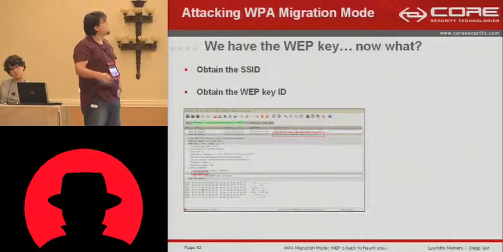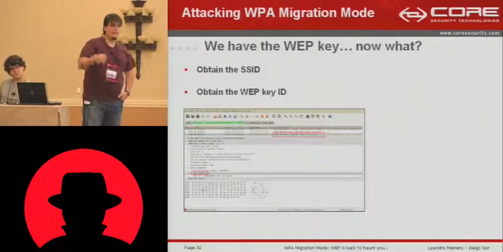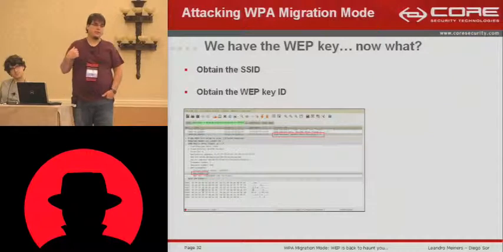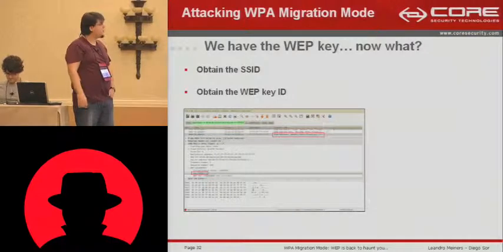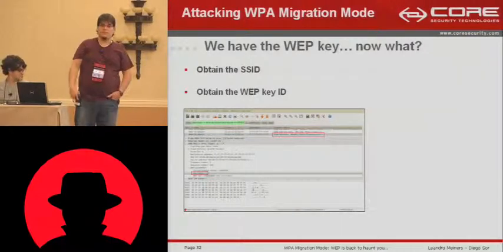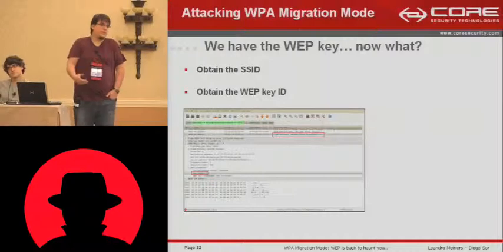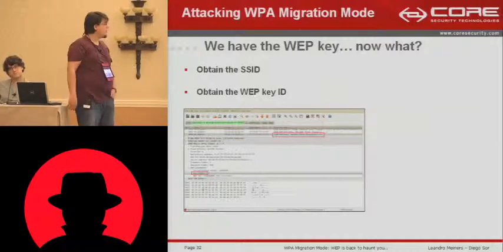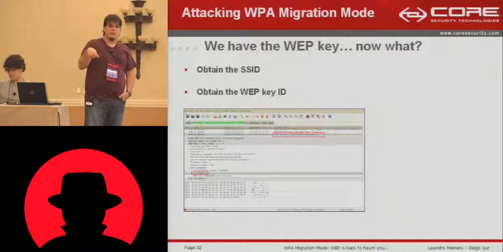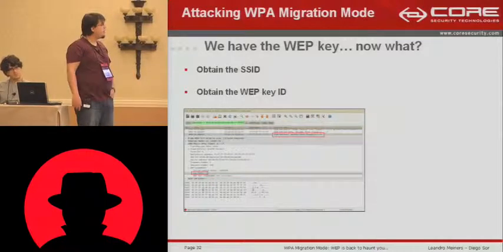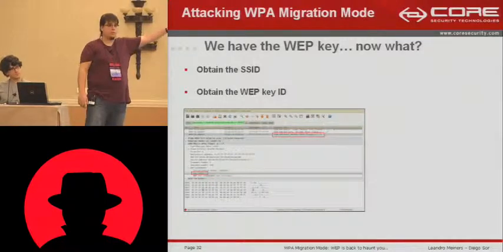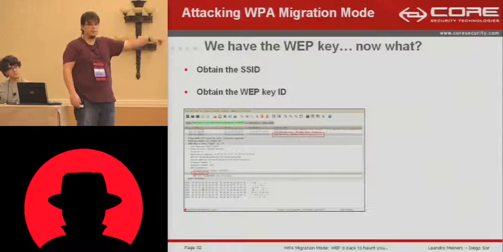There's only one tiny detail to this. If you remember when Diego talked about how to configure WPA migration mode, he said that you have to put the key in slot 2 or 3, instead of what normally everybody uses, the first slot, slot 0. So if you look at the WEP frames that are in the air, you're going to see that they have a key index of 1 or 2.